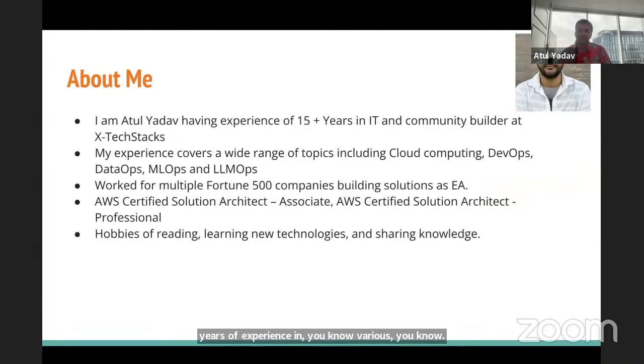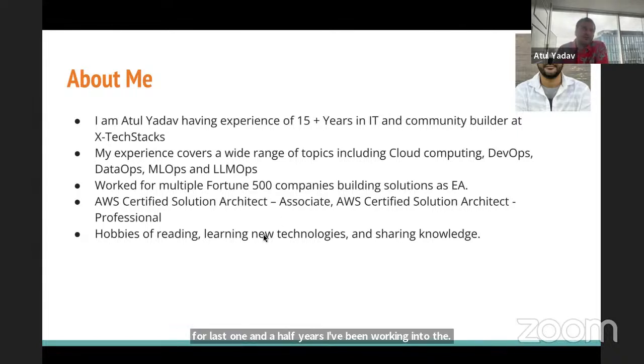I've worked in IT and in the telecom sector as well, and I'm also a community builder at Xtex. I have worked on various technologies, starting from cloud, DevOps, data, ML, and LLM. For the last 1.5 years, I've been working on LLMs as well.